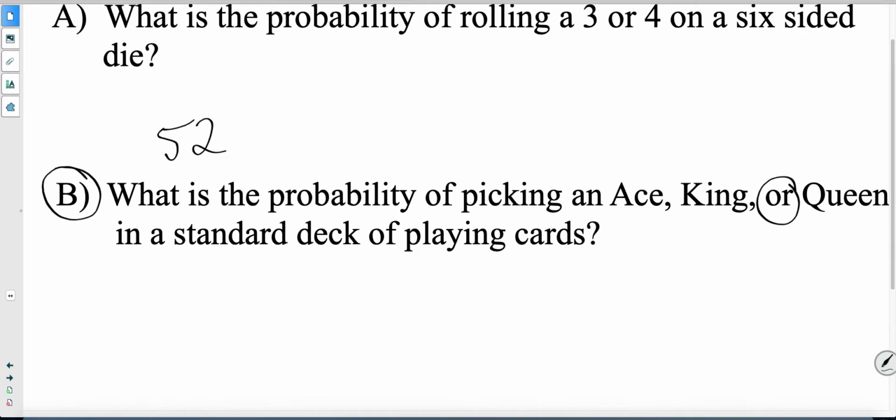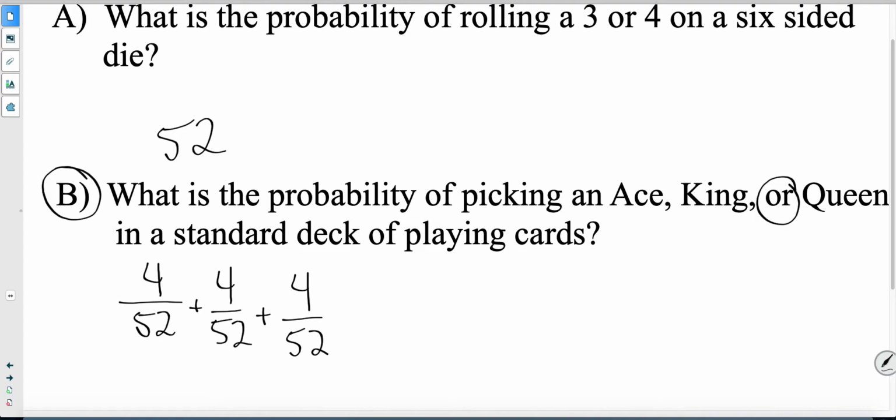Okay? So the probability of an ace, there's only 4 of them. Okay, 4 out of 52. All right, and then we leave that bottom number alone. So a king is 4 out of 52, and then a queen is 4 out of 52. So since we're talking "or," the probability of getting one or the other, you'd have 4 out of 52 plus 4 out of 52 plus 4 out of 52, which gets you 4, 8, 12.